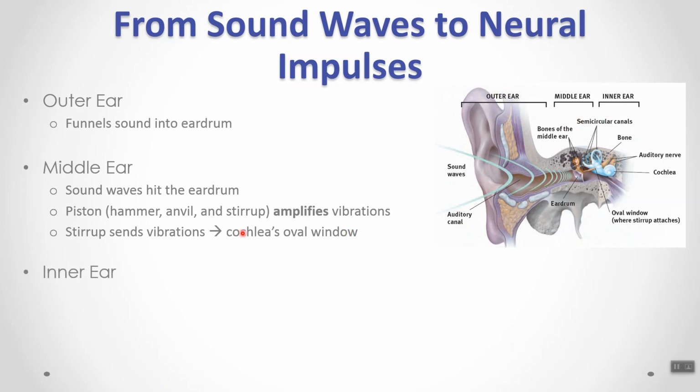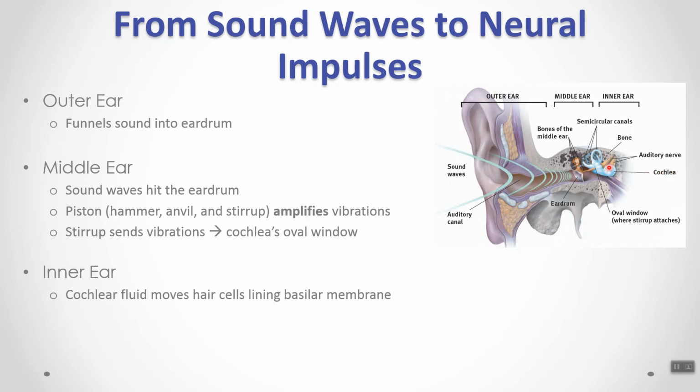Now we're way at the back of the ear, into the inner ear. So the cochlea is located in the inner ear. The cochlea is curled up, okay? And here's where the stirrup attaches, touching the oval window of the cochlea.